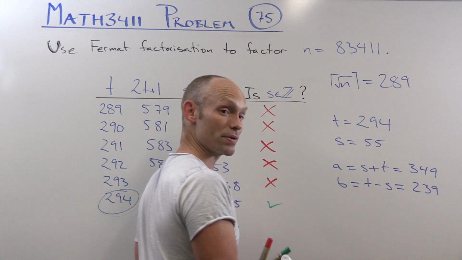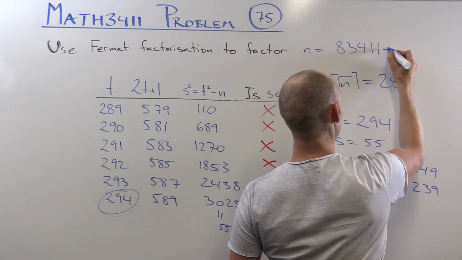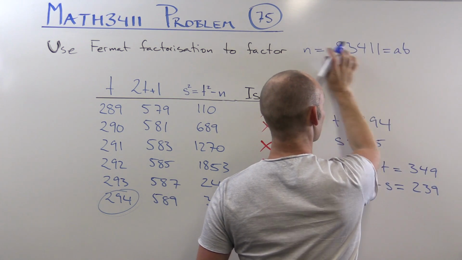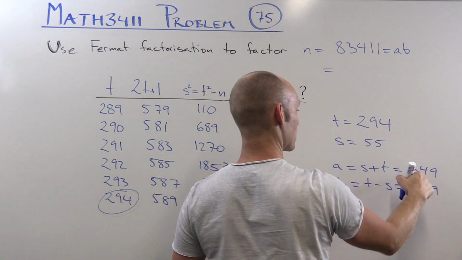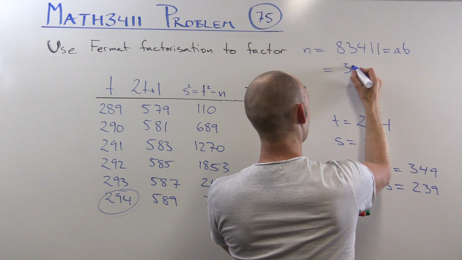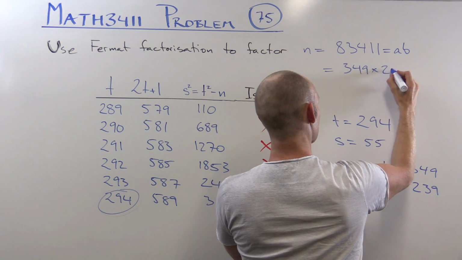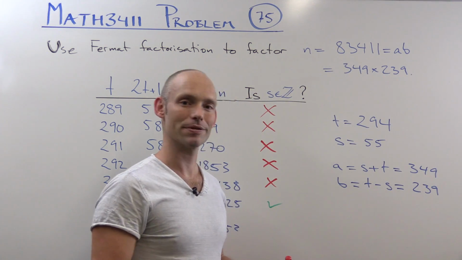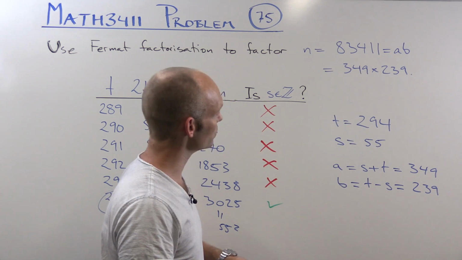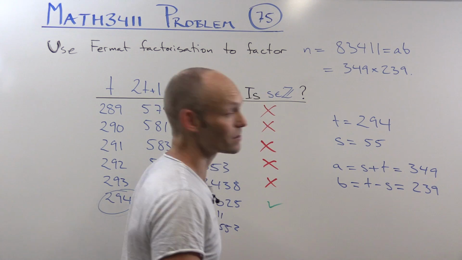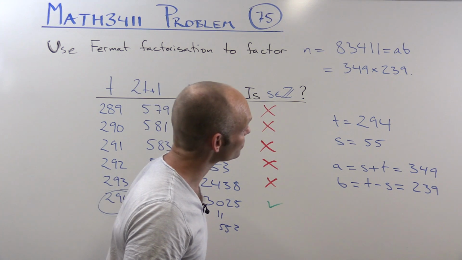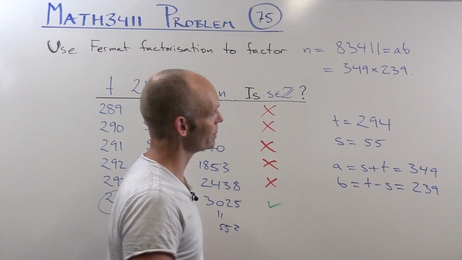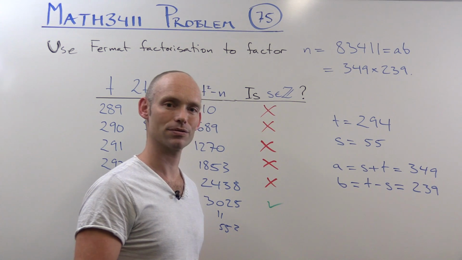And then by what we said before, n is equal to a times b, or in other words, equal to 349 times 239, and we have broken n up into two factors. I suppose you'd have to look a little harder than I can right now, but both of those are prime if I'm not mistaken, so we actually have a prime factorization right there, and we are done.